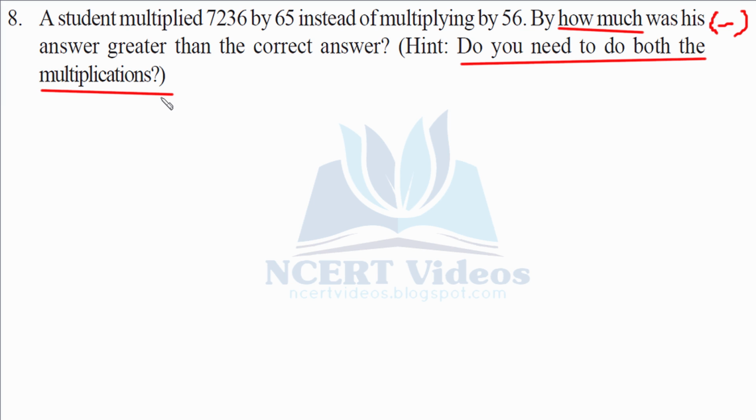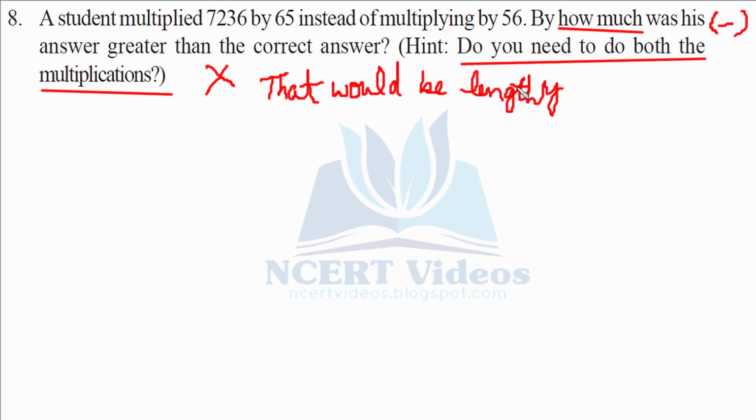You can just take the difference between both the numbers, by which he actually multiplied and the one he was asked for. So that would be a lengthy process if we multiply both the numbers individually. Just take the difference and that would give you the required answer.